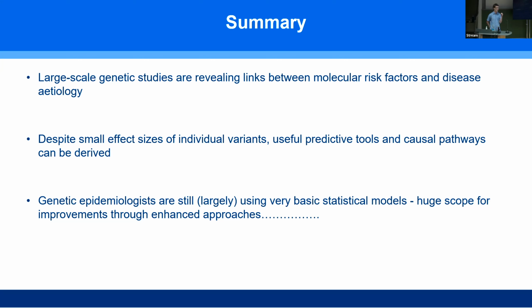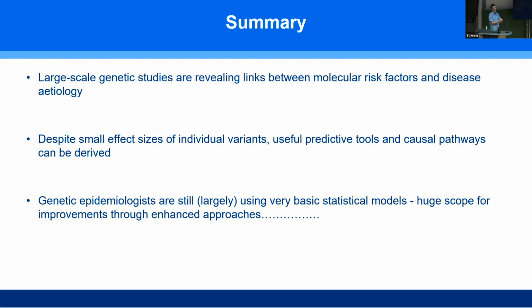The HMGCR protein is the target of statins, the most effective therapy we have for cardiovascular disease. So just because natural genetic variation has a very small effect, it doesn't mean that pharmaceutical approaches can't come along with a much bigger effect on that pathway, completely knock down or knock out or upregulate a pathway and have a meaningful disease effect. So I spend a lot of time telling people small genetic effect sizes don't matter.